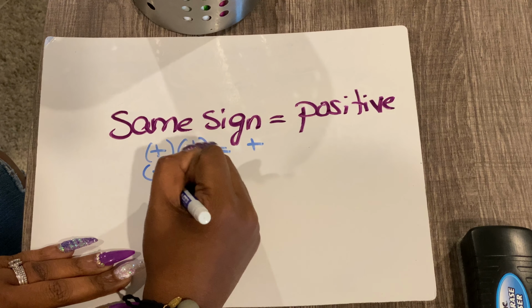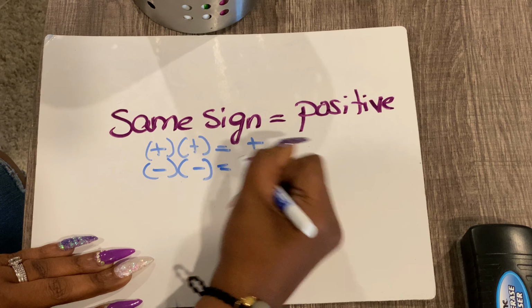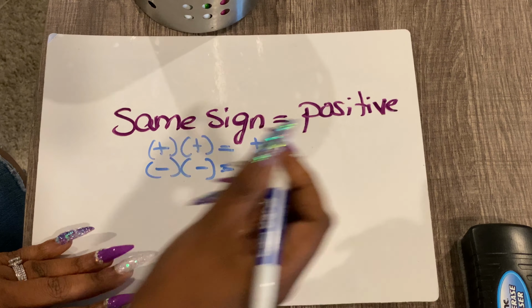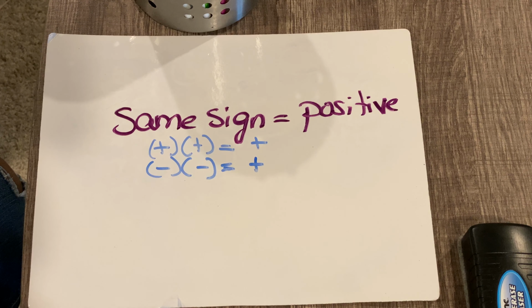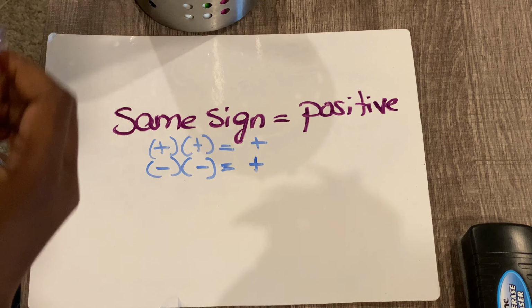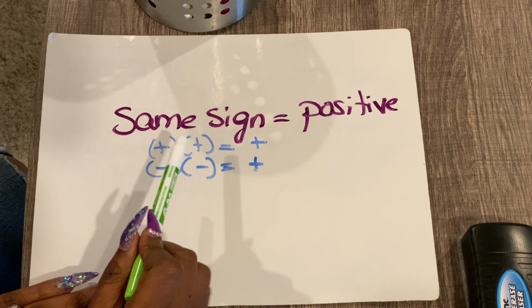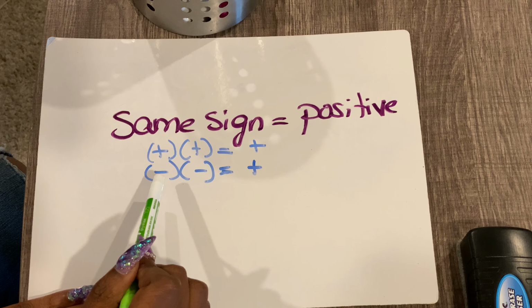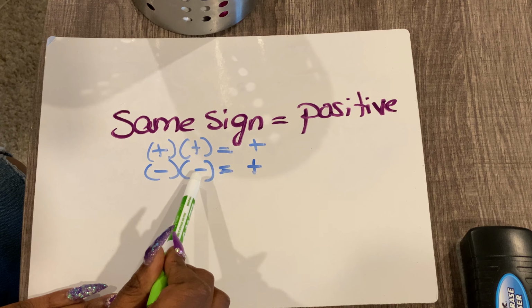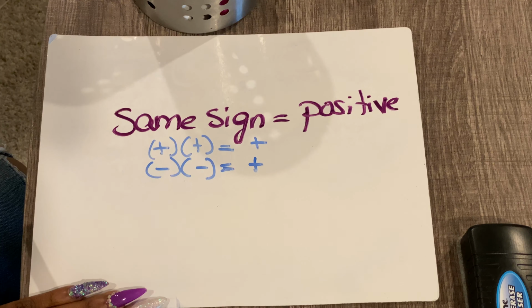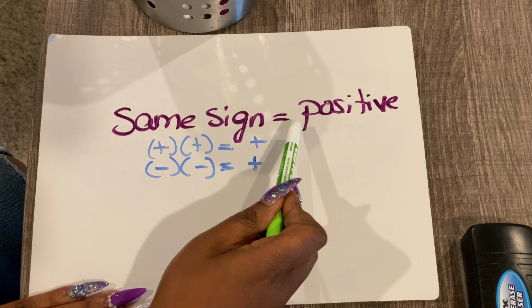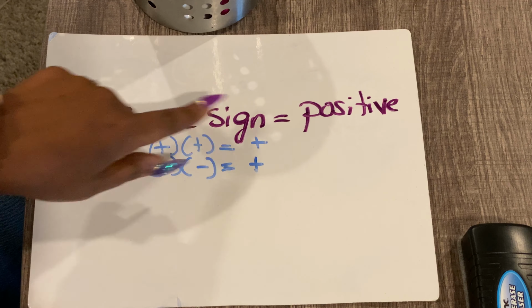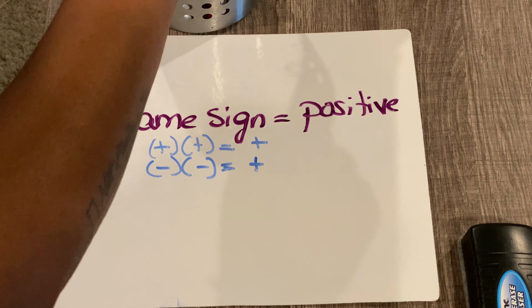A negative times a negative equals a positive. Same sign, positive answer.